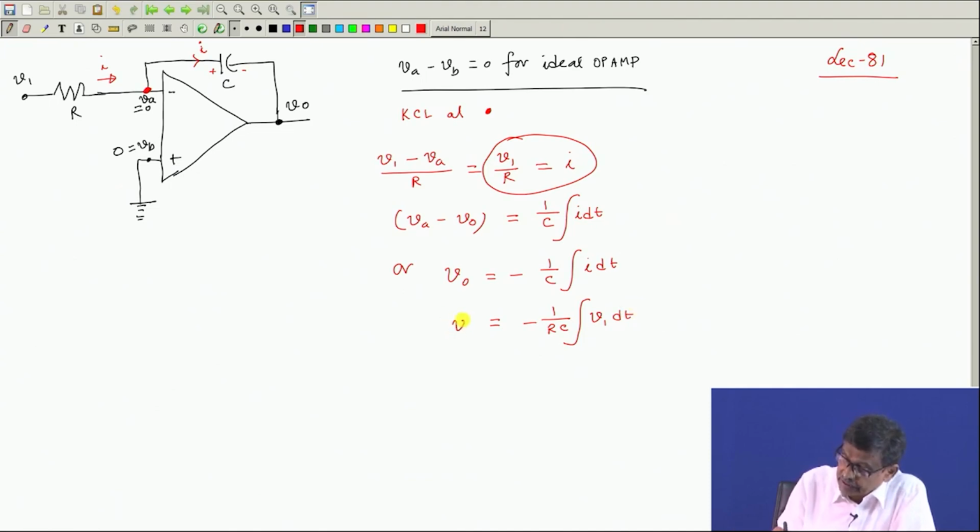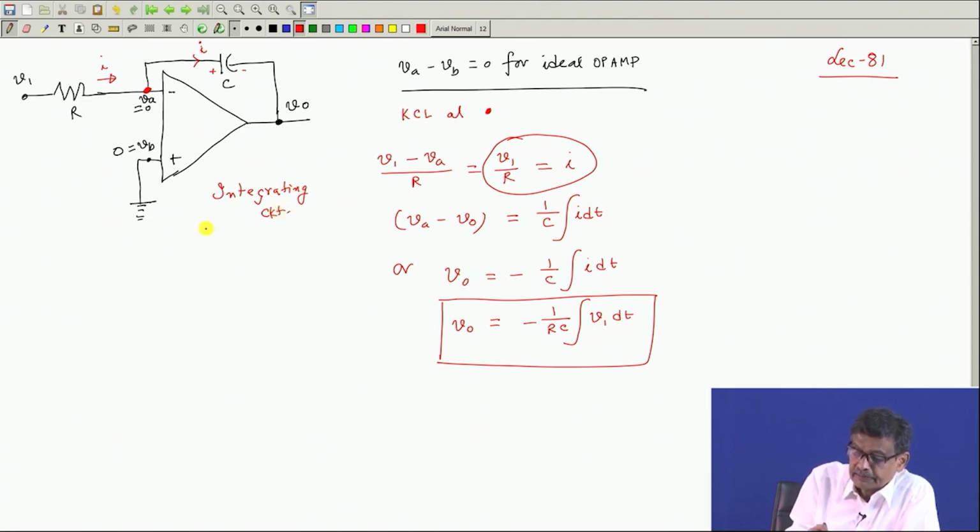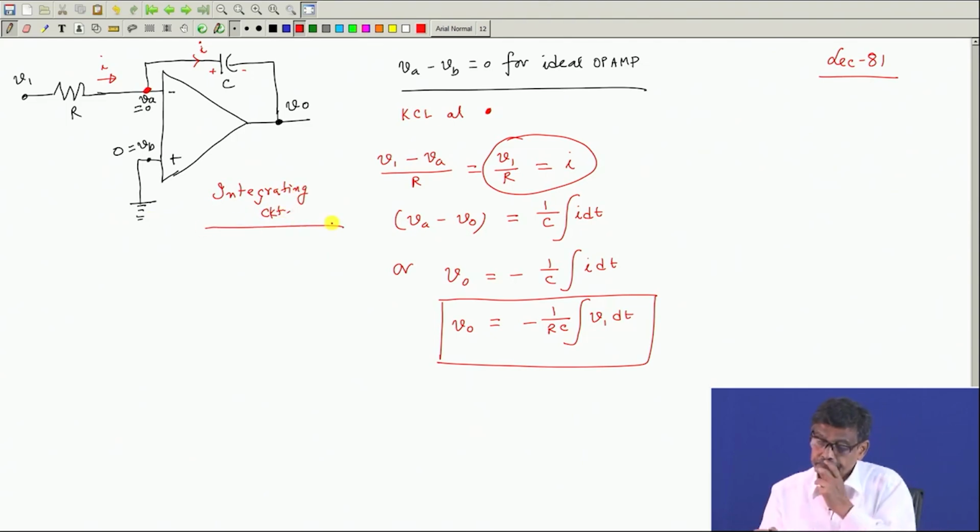Therefore, output voltage is what? 1 by RC is constant. So, whatever input signal it gets here, it will simply integrate that and return at the output. So, it is called an integrating circuit, a very popular circuit used with op amps.